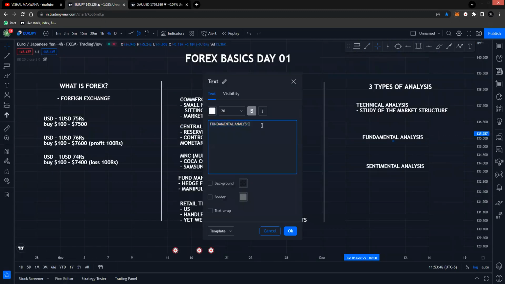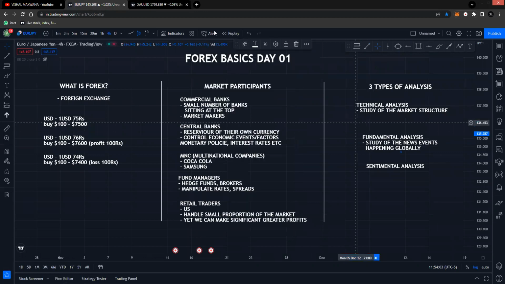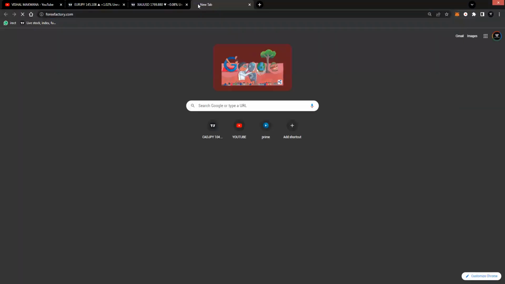Now then we have fundamental analysis. Fundamental analysis, that means study of the news events happening globally. Now there is a website called Forex Factory.